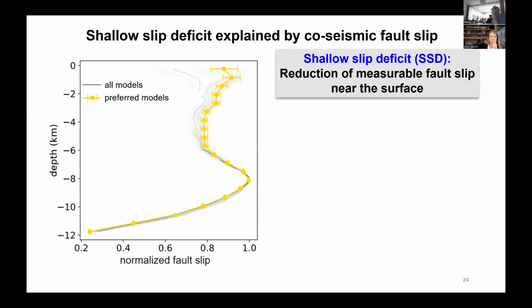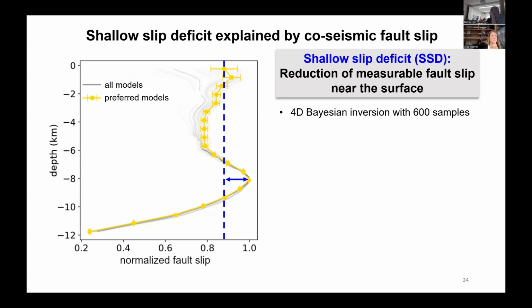The x-axis is fault slip, and the y-axis is depth. The yellow curve is the preferred model from our inversion. At the surface we have a smaller fault slip compared to the maximum fault slip at depth, and this difference is what we call shallow slip deficit.